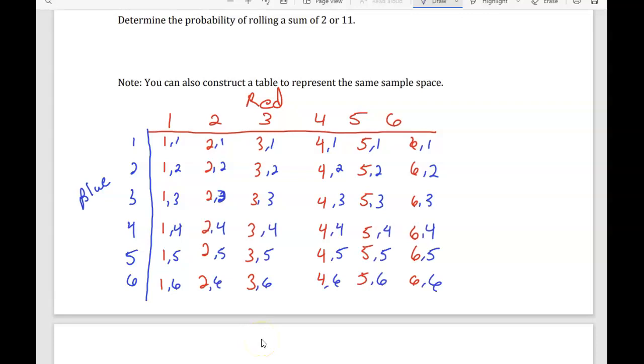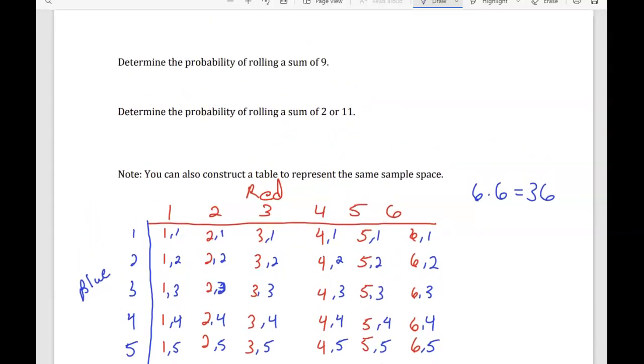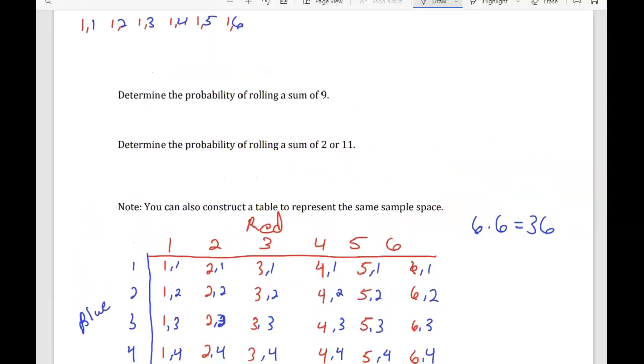You'll notice I have 6 options for the red, and 6 options for the blue. So I can do 6 times 6, which is 36 possible total options. That is my total number of items in my sample space. This is like our fundamental counting rule: you look at how many total options you have, and that gives you your total value.